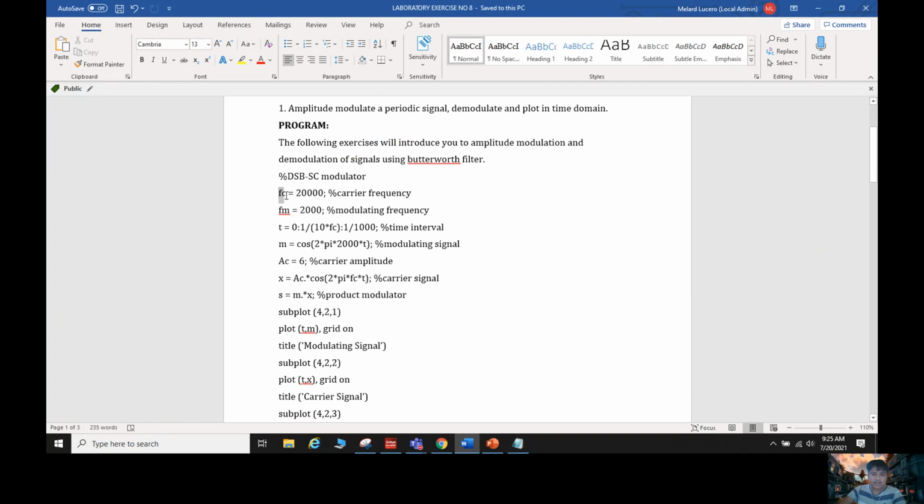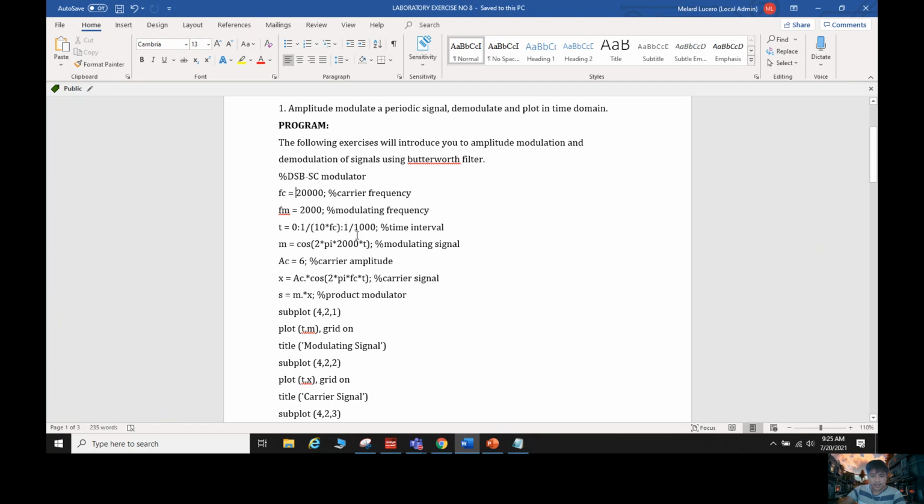We have here an FC, which is just a variable. FC is equal to 20,000, which is our carrier frequency. Then FM is equal to 1,000 for our modulating frequency. We have also a time variable, which is 0 to 1 over 1,000, with a step of 1 over 10 multiplied by FC, the 20,000 carrier frequency.